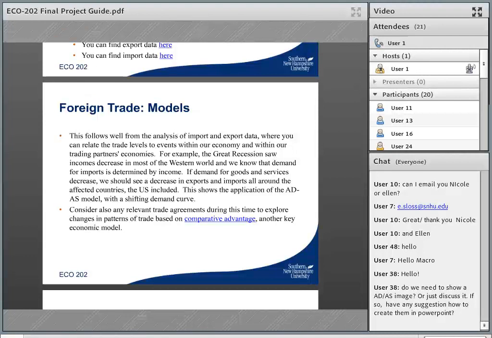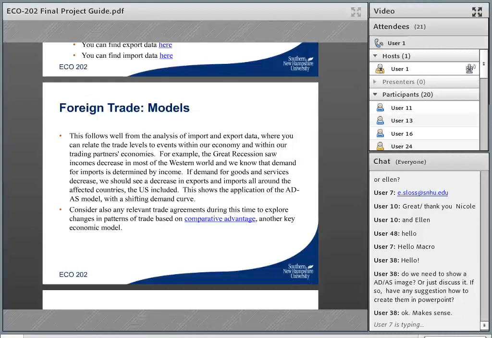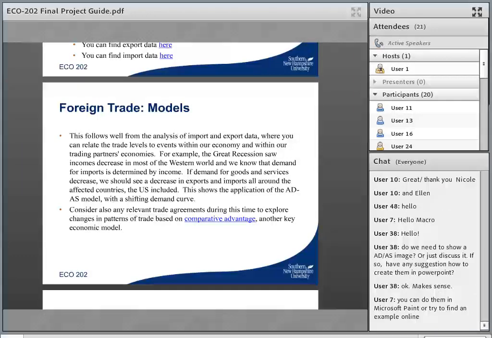So Eden asks, do we need to show an aggregate demand, aggregate supply image, or just discuss it? I think if you're going to discuss a movement in aggregate demand, aggregate supply, it would be helpful to show it, because when you show, let's say, the aggregate demand curve shifting one way or the other, then you can very clearly state, okay, we see the impact on price level and we see the impact on output.